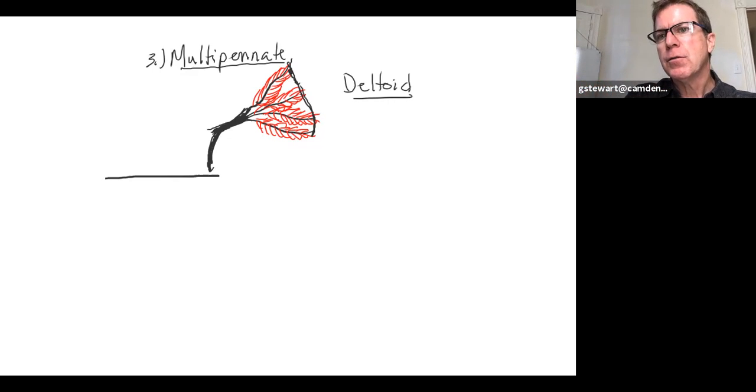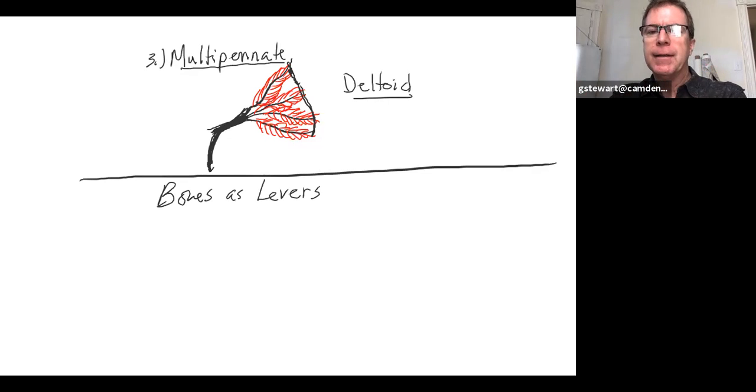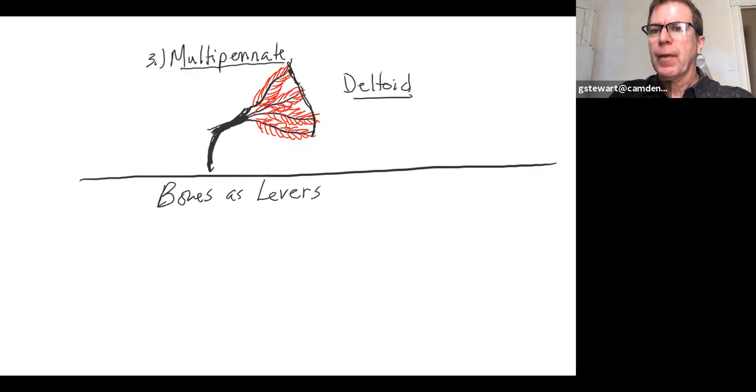So I want to use the rest of this whiteboard and just start this conversation. Bones act as levers, and then fulcrums, sorry, it's fulcrum, are typically the joints.